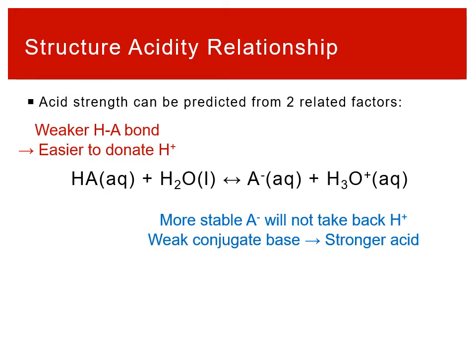Is it stable as an A-? So it doesn't really actively grab onto H+. This base that we make is more stable, it's just kind of stable as it is. It's not going to react with something else to take H+. So it's weak as a base, leading to this being a stronger acid.